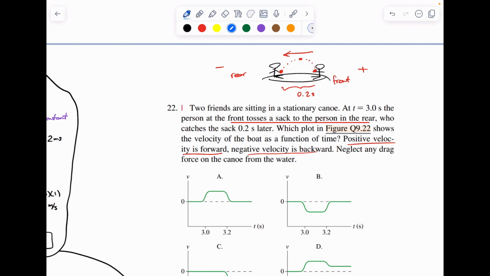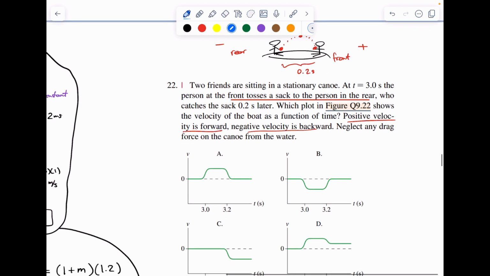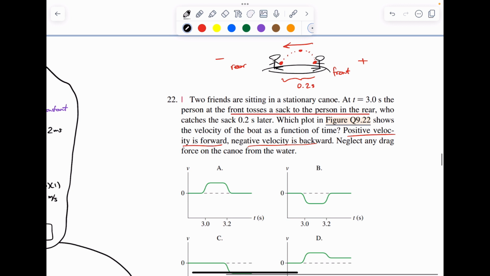So the ball gains momentum, a negative amount of momentum, which means the boat needs to gain the opposite. So the red is the ball. Let's make the boat blue here.